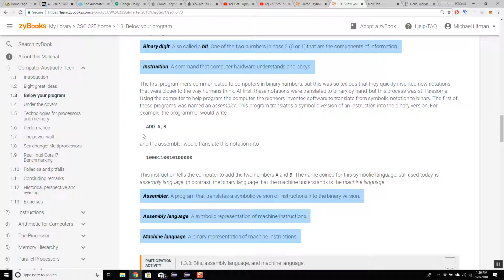Okay, so ultimately, even if we're using a low-level language, some kind of assembly language, we might write an instruction like this. And that instruction ultimately gets translated into something like this. So if we count, 1, 2, 3, up to 16, we have 16 total bits, 2 bytes here.